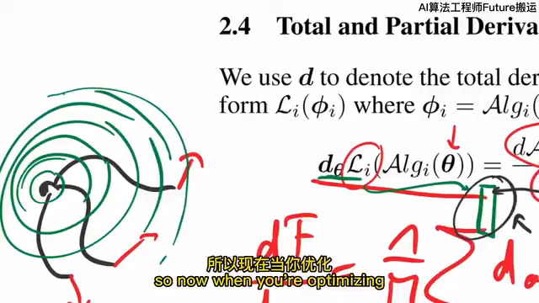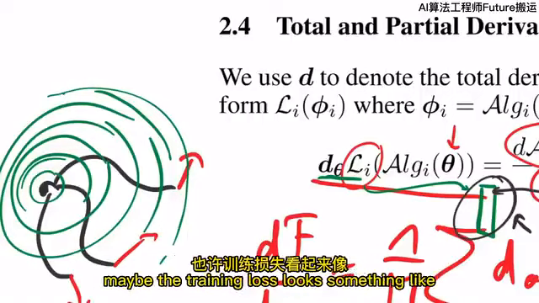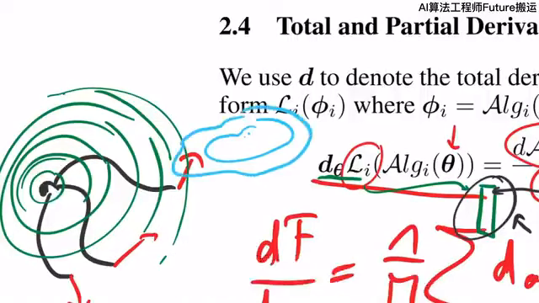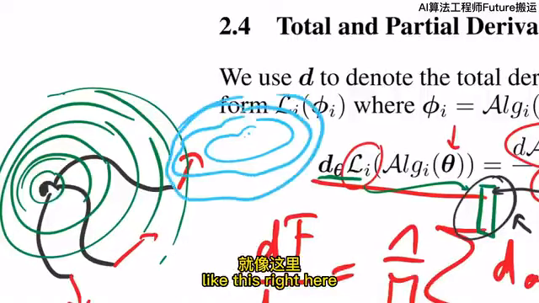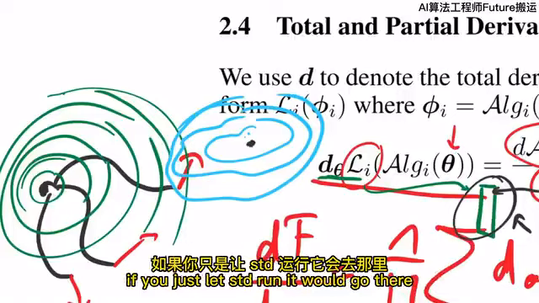So now when you're optimizing, when you have a training loss of the inner task, and maybe the training loss looks something like this right here, SGD would go right to the very inner point right here. If you just let SGD run, it would go there.